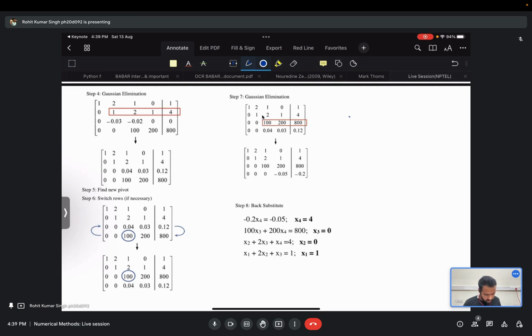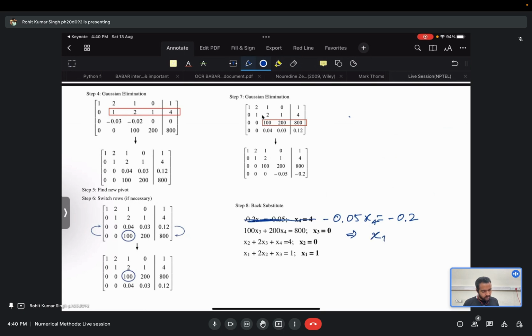something is wrong. No, there's a mistake here. It should be minus 0.05 x4 is equal to minus 0.2, right?